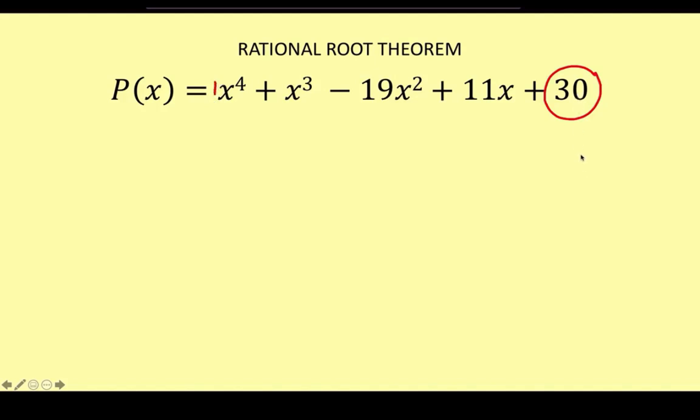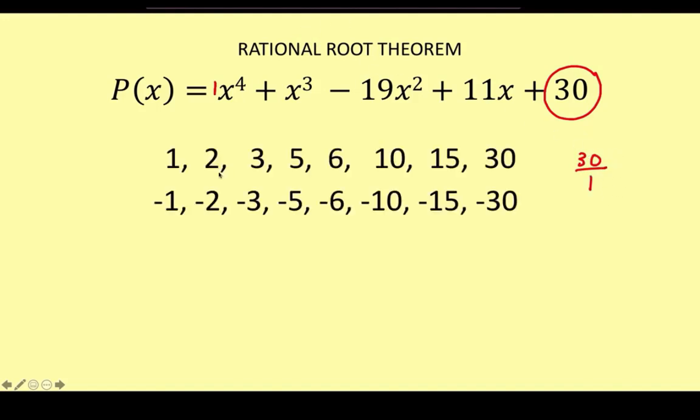So the ratio of 30 over 1. And what are the factors of 30 over 1? All the possible factors of 30 over 1 are listed here. A total of 16 possible rational roots. And take note that we are looking for 4 possible roots, either positive, real, negative real, or imaginary.